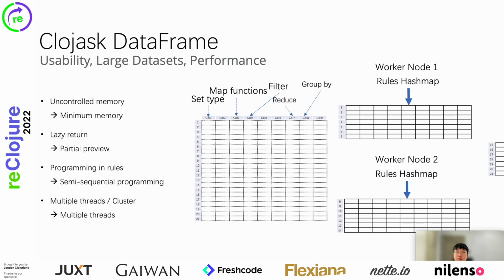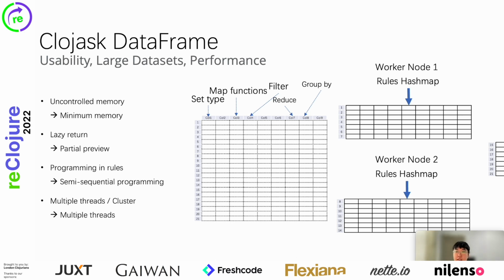Clojask is not perfect. What I mean is, for a small dataset, which roughly speaking is hundreds of megabytes, Clojask may not have advantages over other excellent libraries in Clojure out there. Clojask is really designed and optimized for datasets larger than memory.